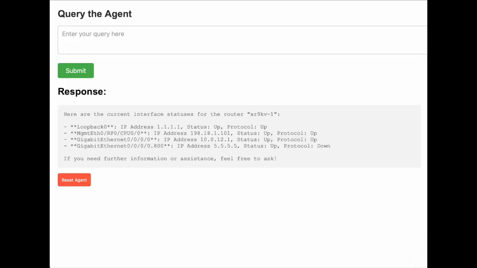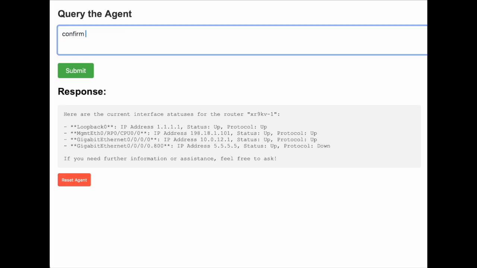Interesting. It's not there. Okay. Well, can you please show me the router configuration, config path is interface.